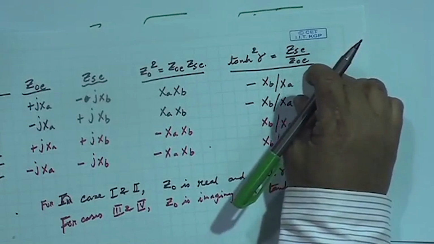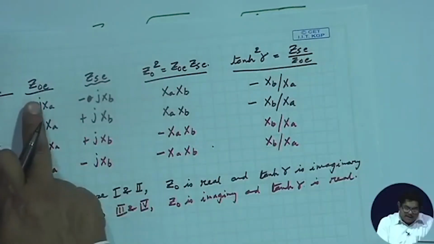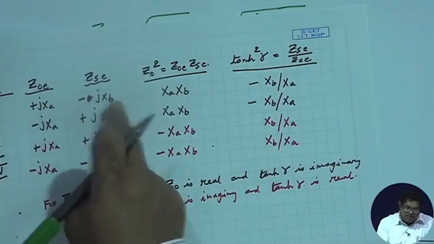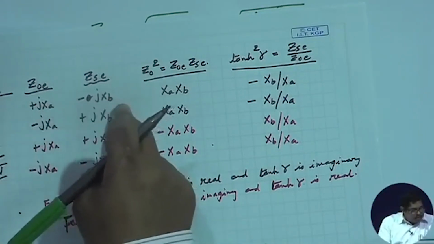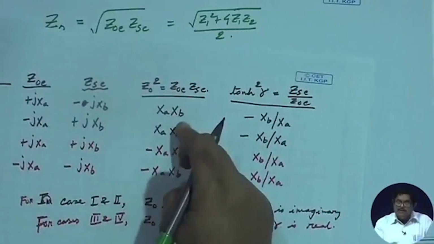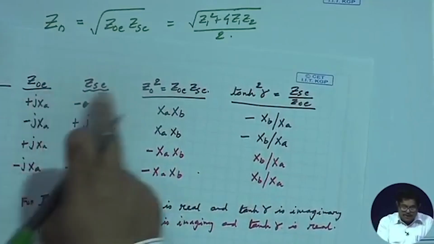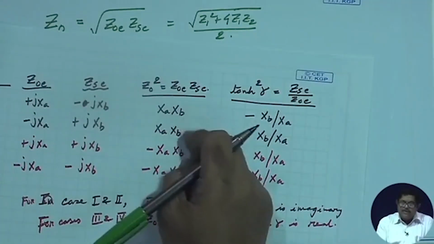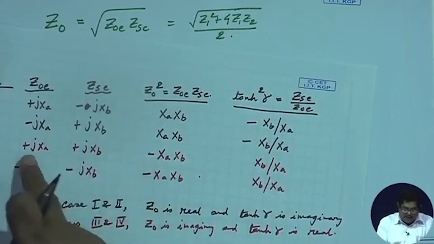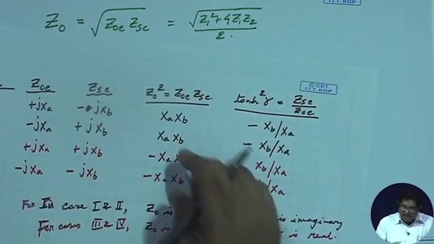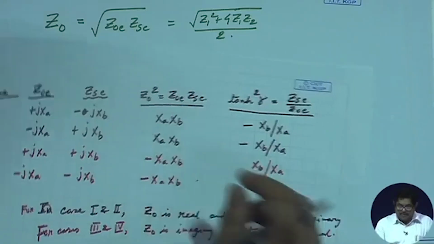So, this is the stop band. There ZOC and ZSC should be of opposite sign, because that only makes the characteristic impedance real. Otherwise, if they are of the same type, then this is imaginary.